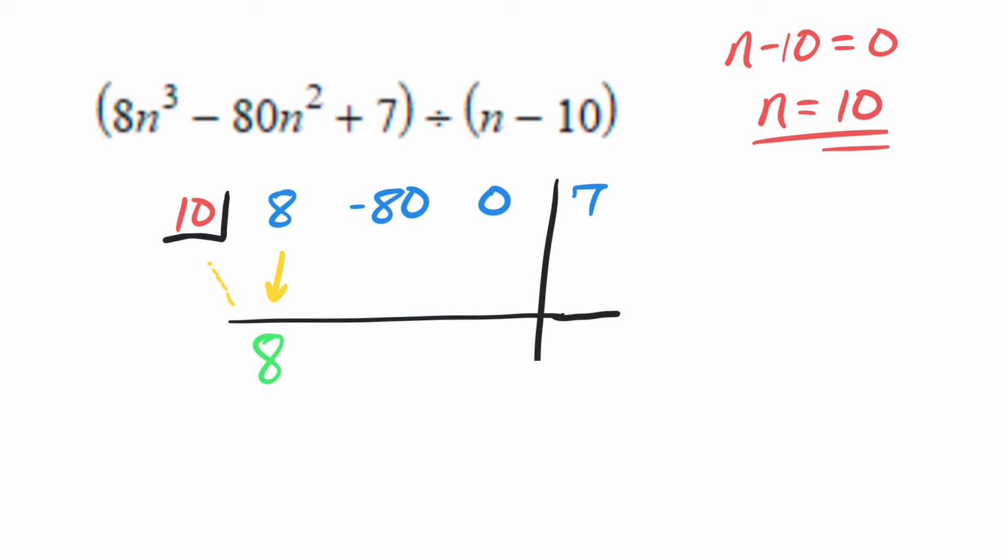Now the 10 gets to multiply times that 8, and the result goes over here. Something very good is about to happen to us, because what's 8 times 10? 80. What's negative 80 plus 80? 0. We love zeros, right? We're good with our zeros. So now the new number below is 0. So we go 10 times 0. The result is 0. We're good with our 0 multiplication tables, aren't we?